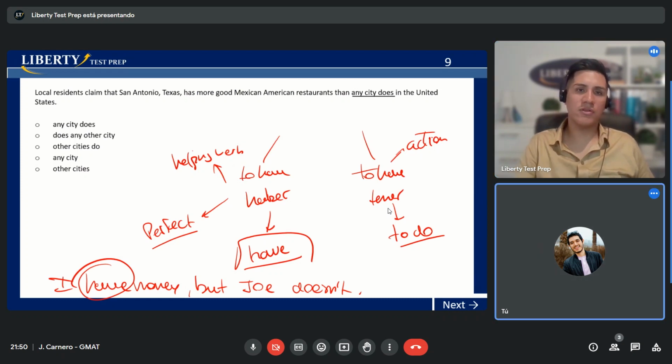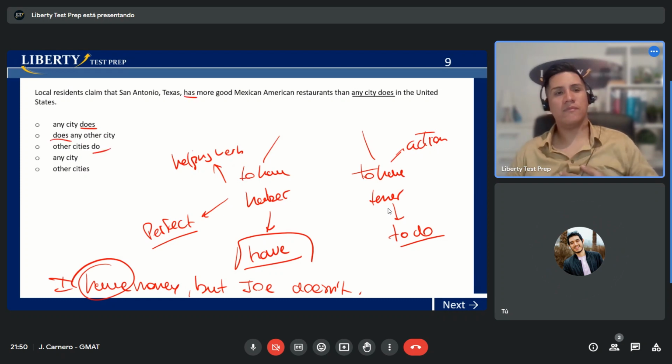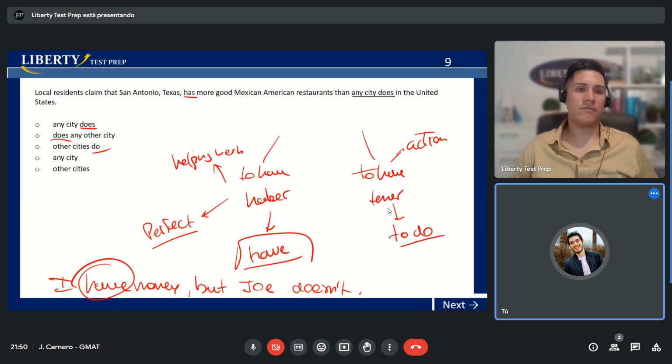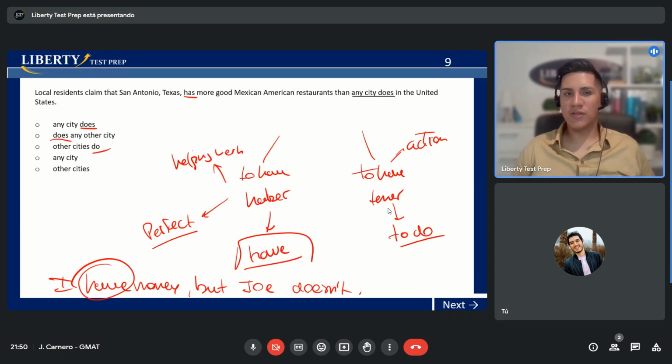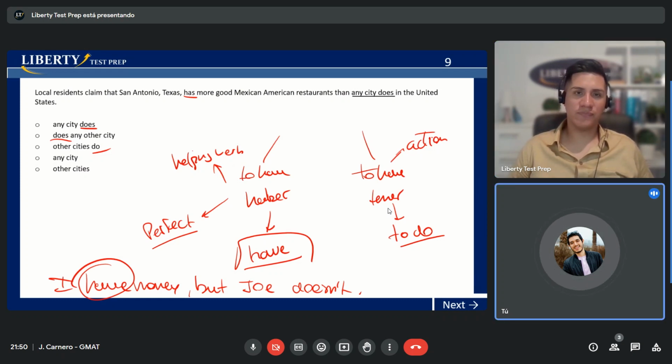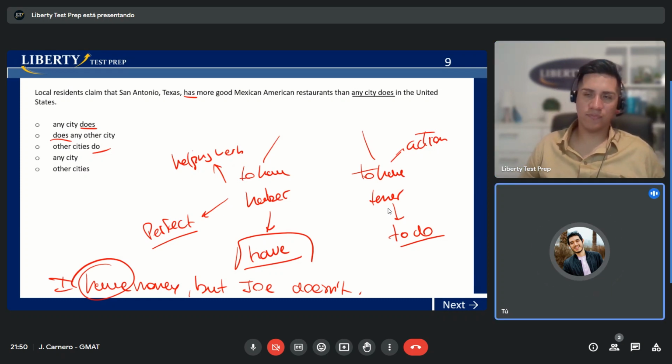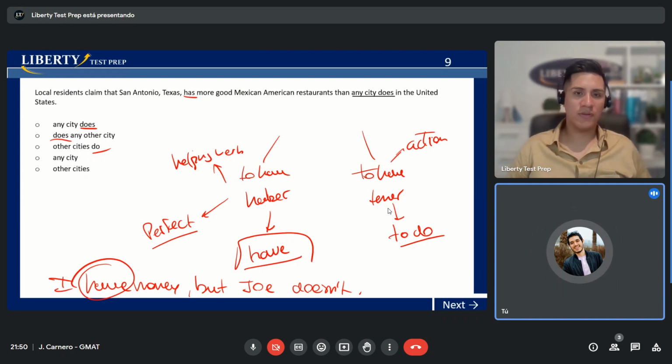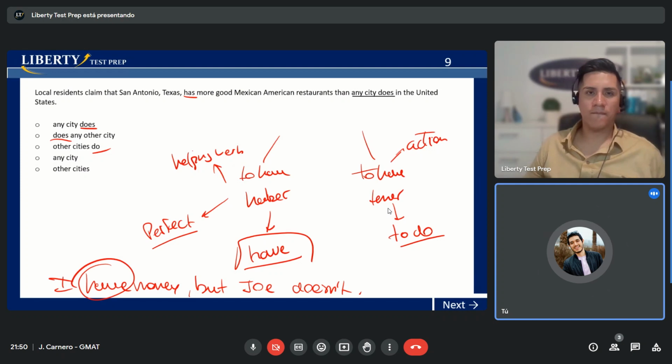Okay, so it's okay that they are using do in order to replace has. Yes. Okay, got it. It does. But it's okay only because it's replacing an action. Could you say that again, please? It's only right because of what? I didn't hear that. So because have should be replaced with have, right?